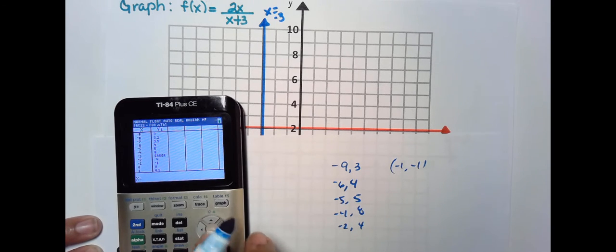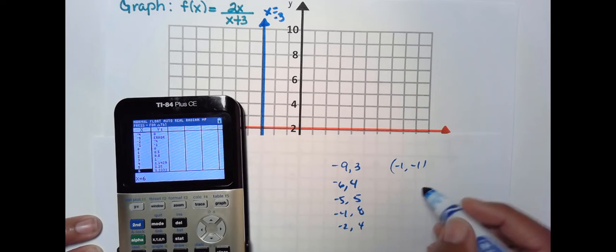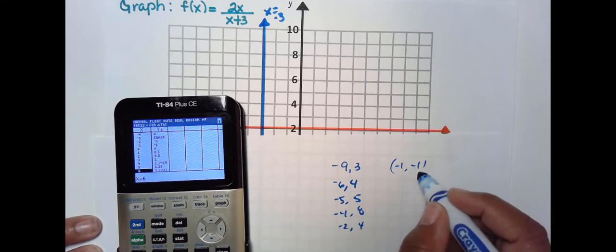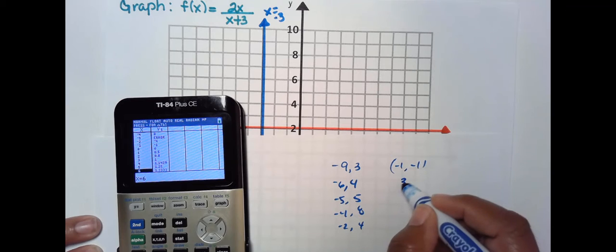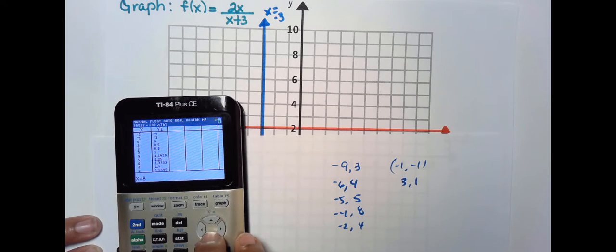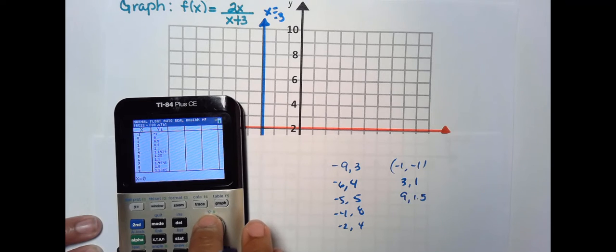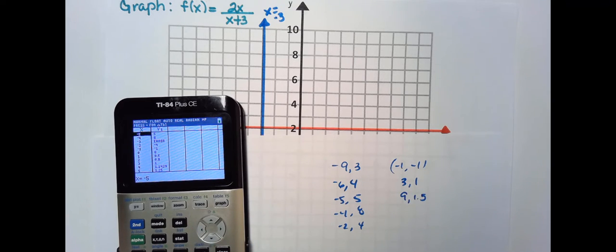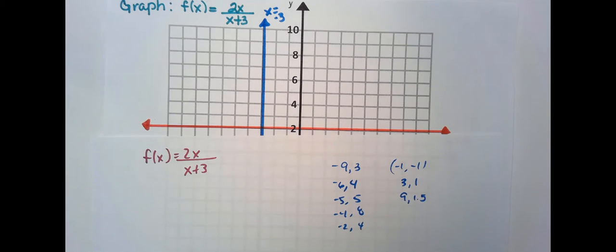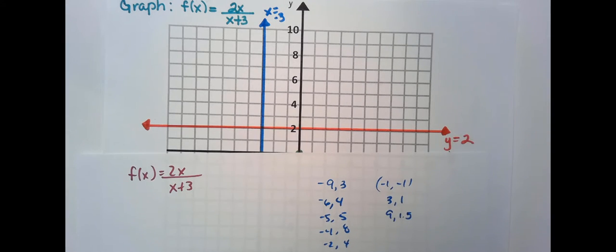Let's do some positive numbers here. We have, let's see, (3, 1). Okay, we can keep going. Well, my graph just goes up to 10. Okay, we can do (9, 1.5). All right, so let's plot some of these points here.